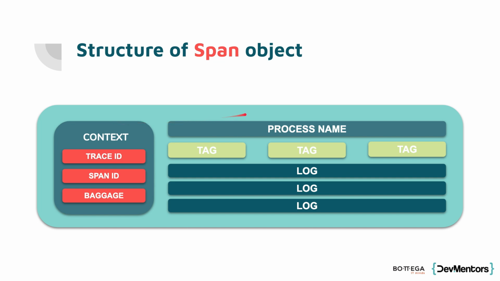Besides that, we have a process name. Once we actually visualize our spans, we could see, okay, this was the span responsible for seeking in the database. Then we have the tags, of course, for querying purposes. What's also interesting is that we can log to the particular span, so we'll have additional information.